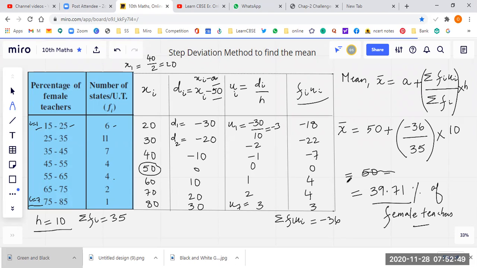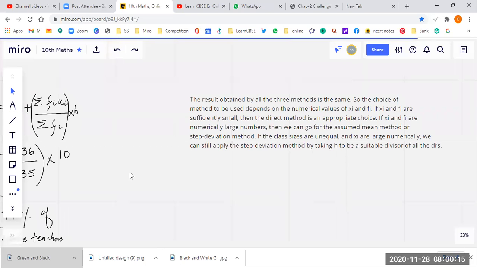Now let's also do some sums where the h is not the same. Okay, let's do that. Yes students, now comes the question, when will we be using which method? You see that the result obtained by all three methods is the same.